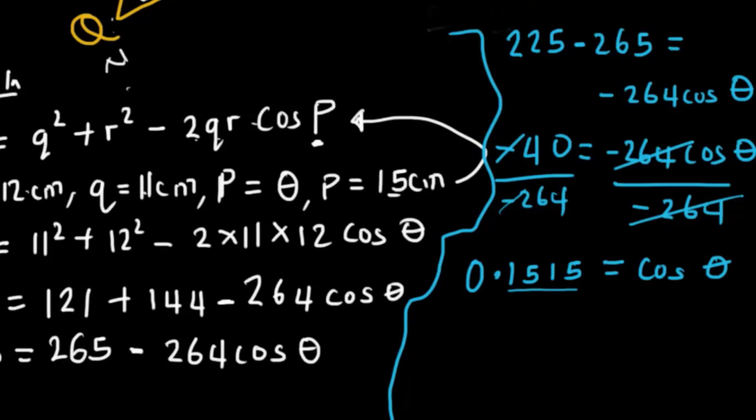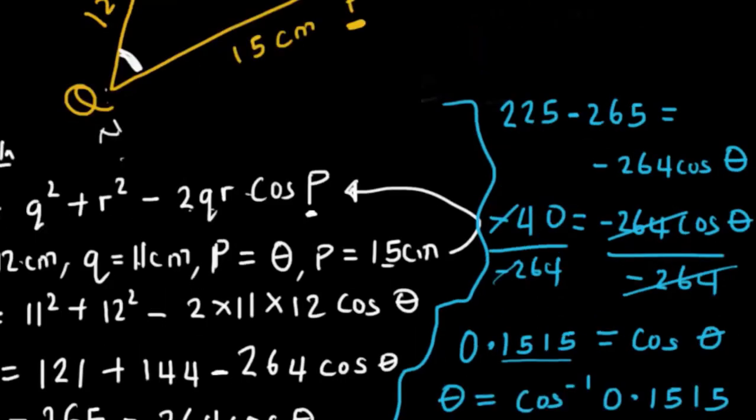But what we are trying to find is theta, not cos theta. To find theta, all we need to do is theta equals cos inverse of 0.1515. Do you understand?